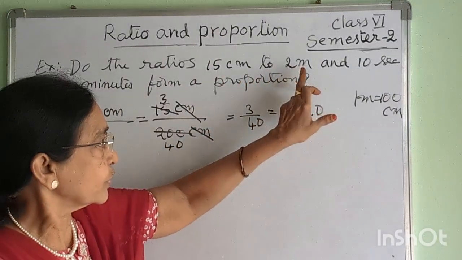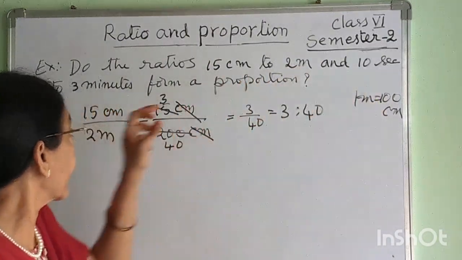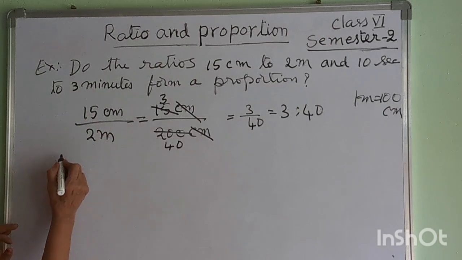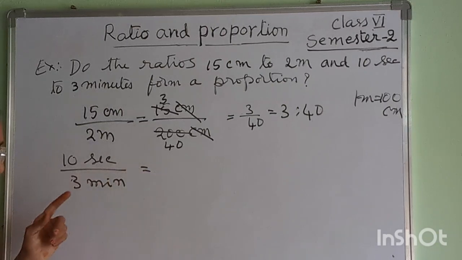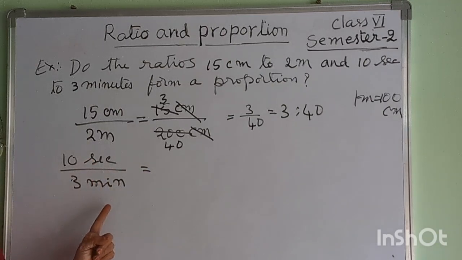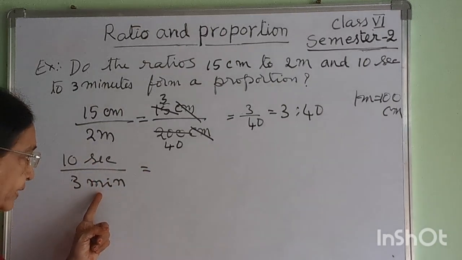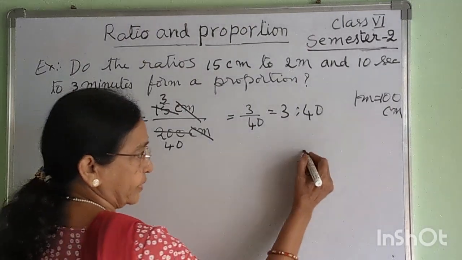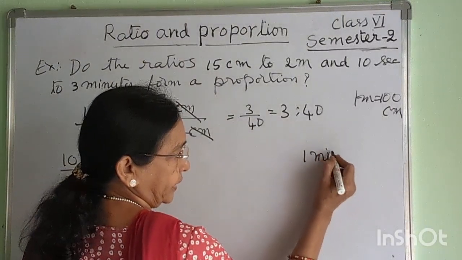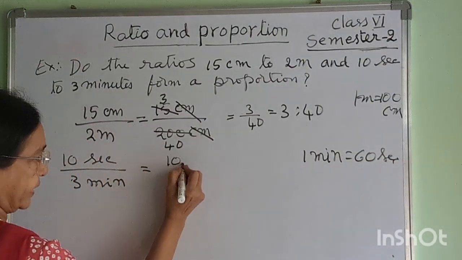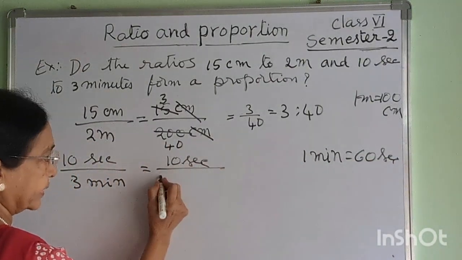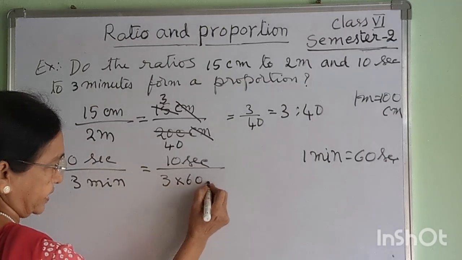The second ratio is 10 seconds to 3 minutes. Here also both are in different units. Therefore we convert minutes into seconds. We know that 1 minute is equal to 60 seconds. Therefore 10 seconds by 3 into 60 seconds.